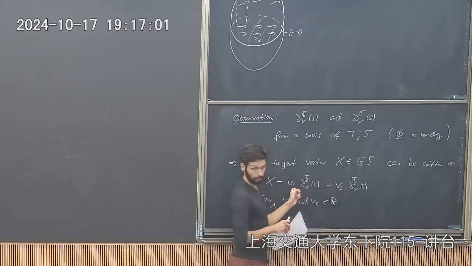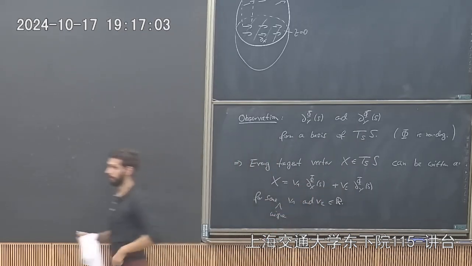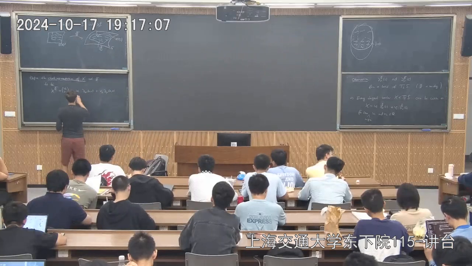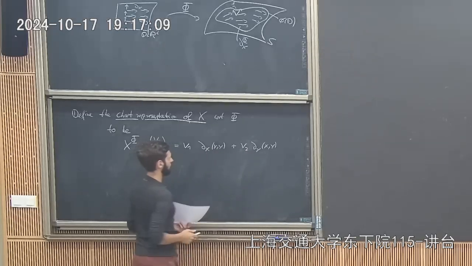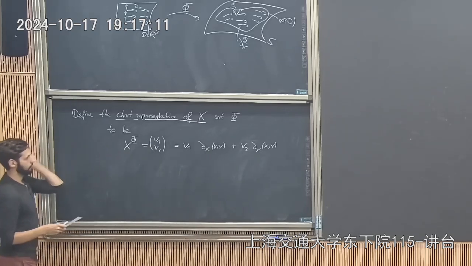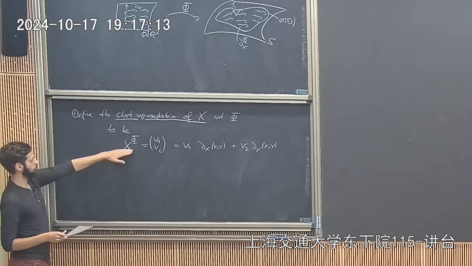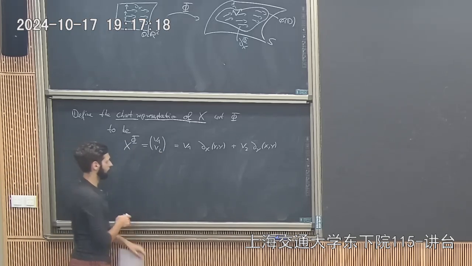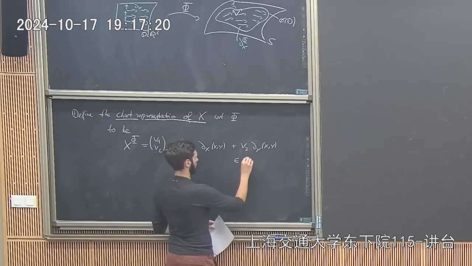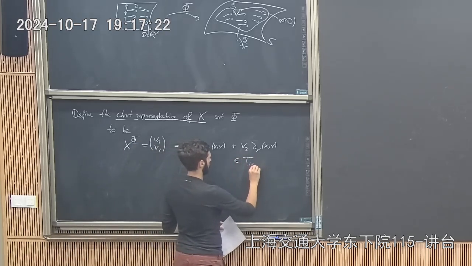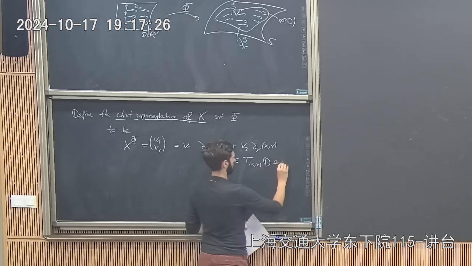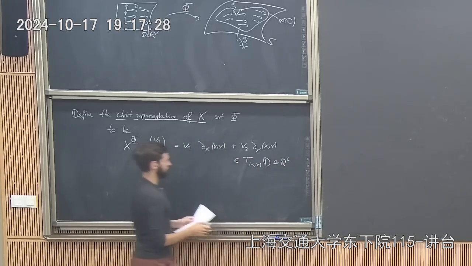You calculate the numbers that make it work, and then these two numbers you found, you write again in terms of dx and dy to get essentially a tangent vector on D. You want to think of that as a tangent vector at D, which we identified with R2.